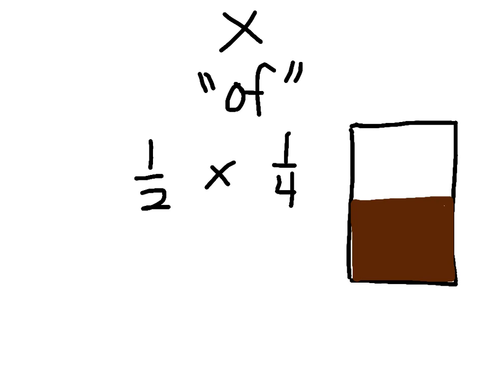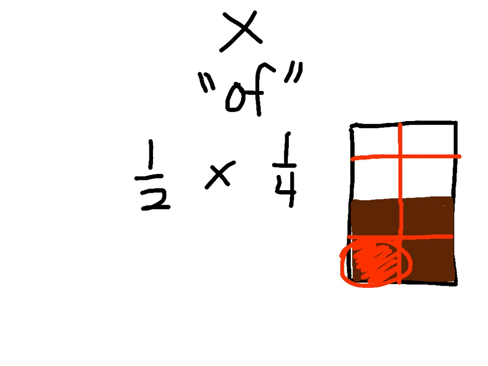Here's my half pan of brownies. Now I need to find out what a quarter of it is. I divide my half pan of brownies into quarters, 4 equal pieces. Now I have to figure out what one of those pieces is as a fraction of the whole. If I look carefully, I can tell that this piece right here is 1 out of 8 pieces.